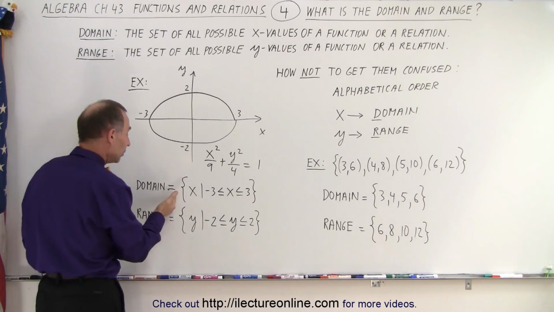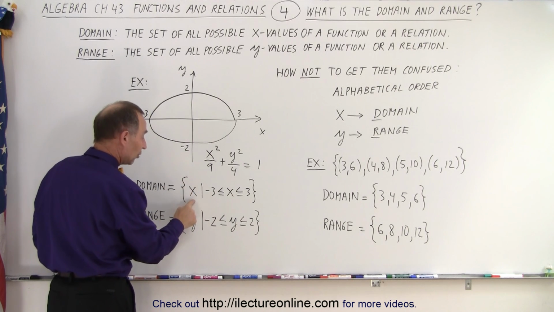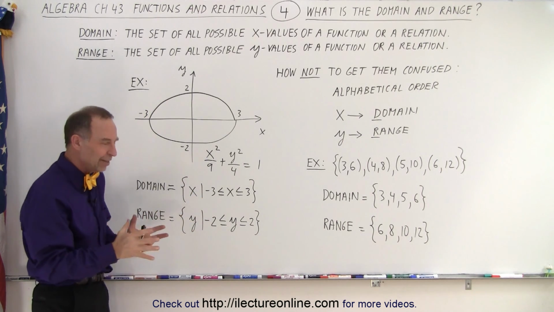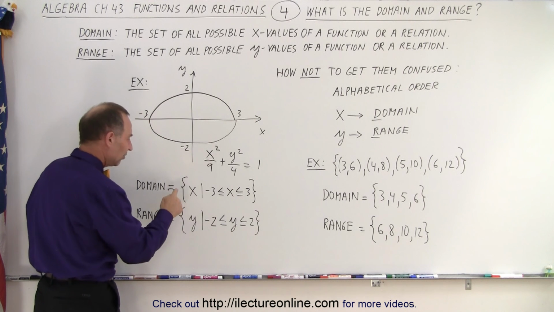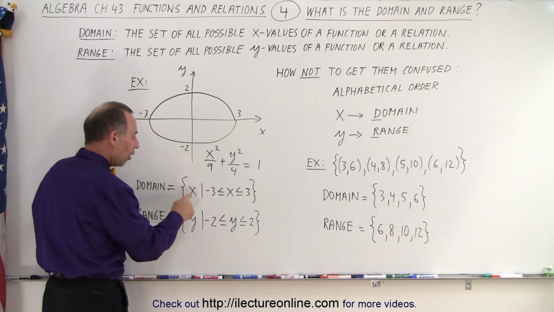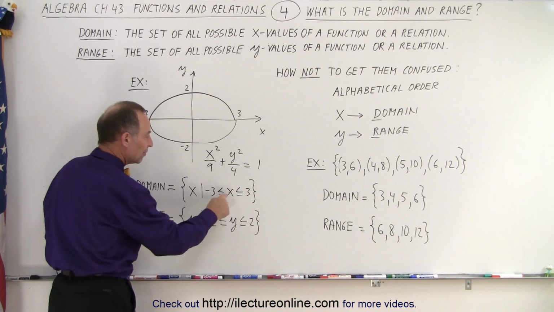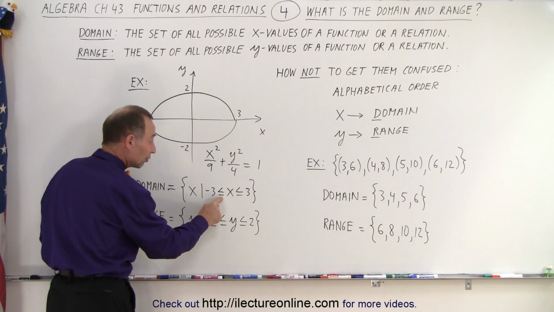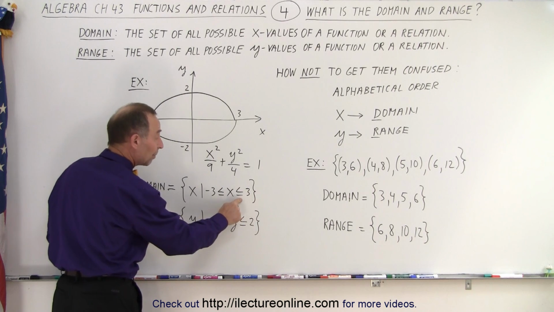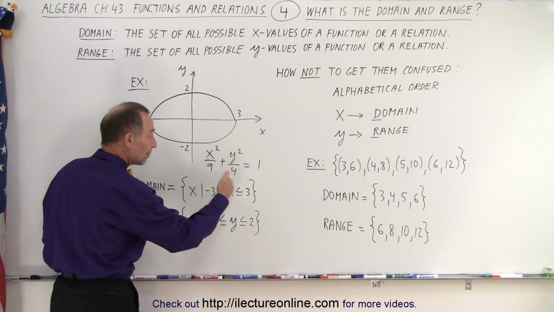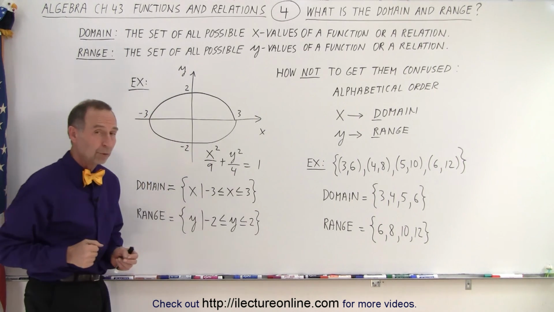The domain is equal to the set of all x's such that, and that's what that means, x goes from negative 3, inclusive, to positive 3, including positive 3. So it includes negative 3 and positive 3 and all values in between.